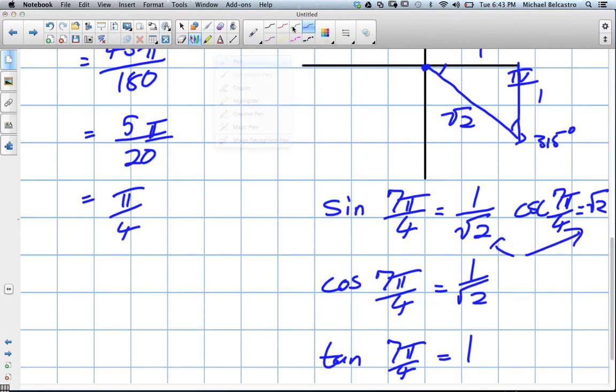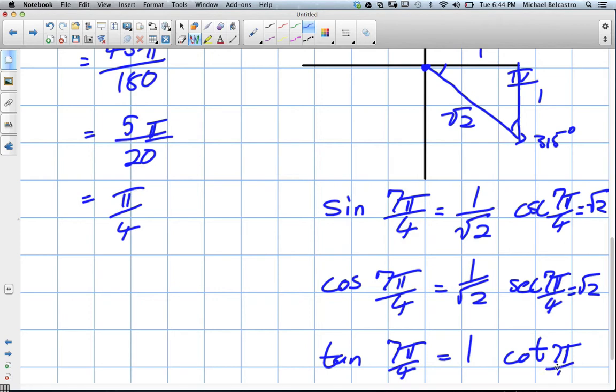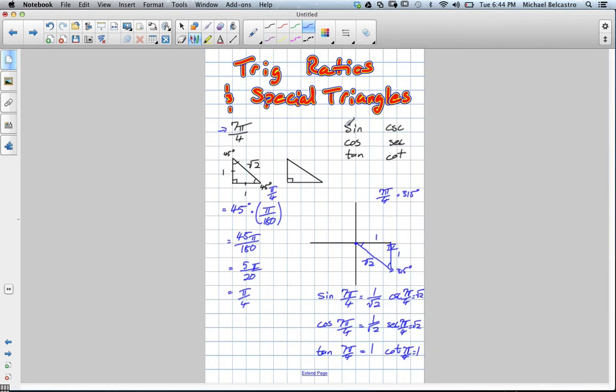Which means, what's the next one on this list? Secant. Also root 2. Okay. That's right. And then, what's special about cotangent? It's 1. Yeah, it's the exact same thing, right? Perfect. You got it. Well, that's everything they're asking for in that question there.